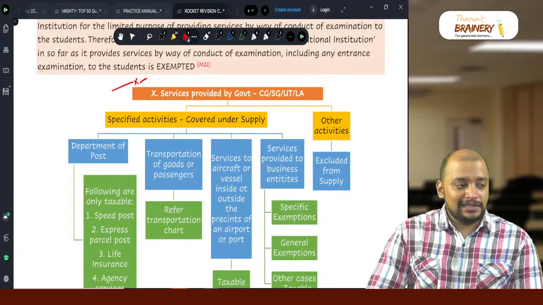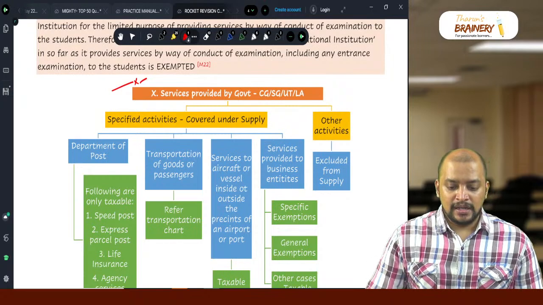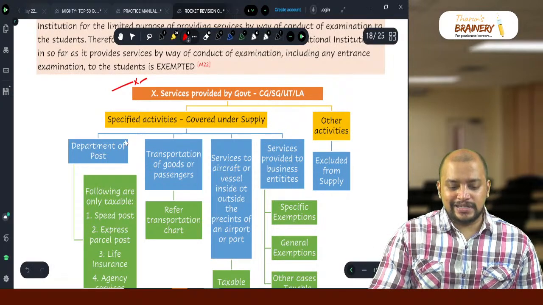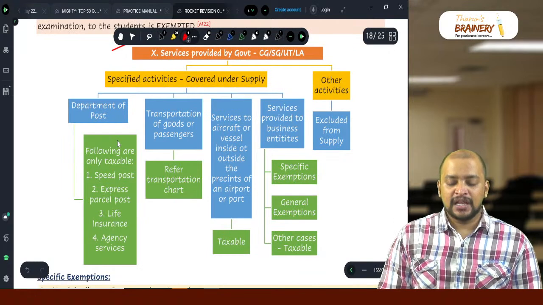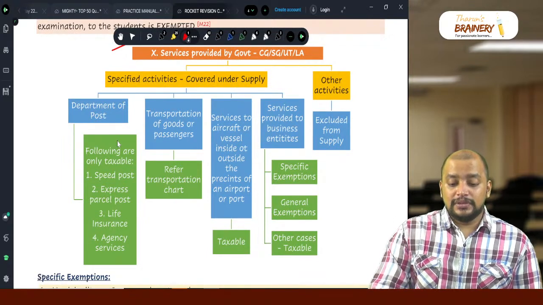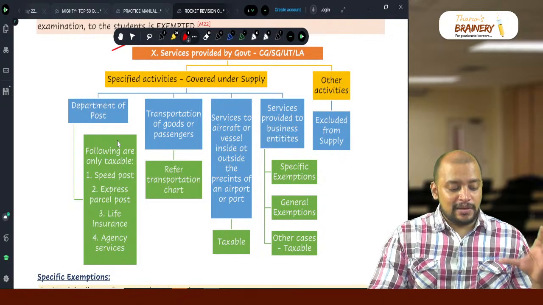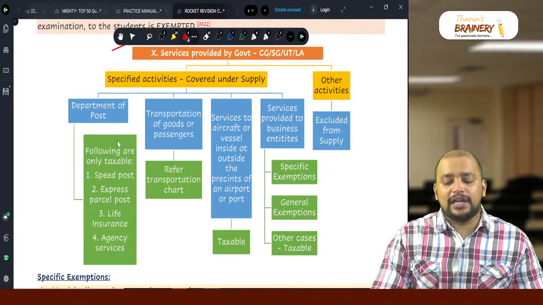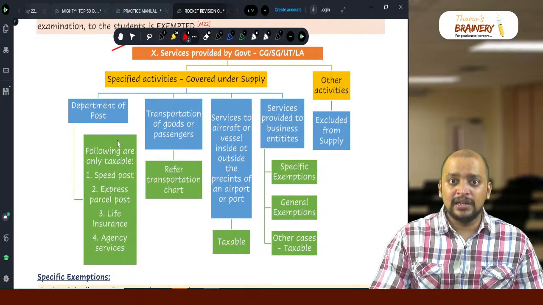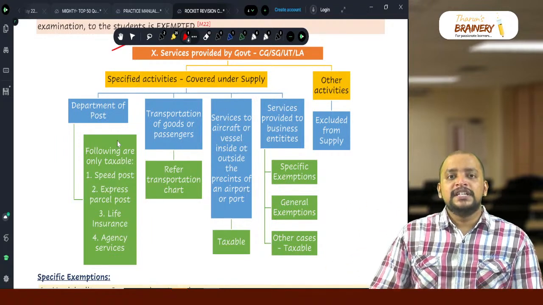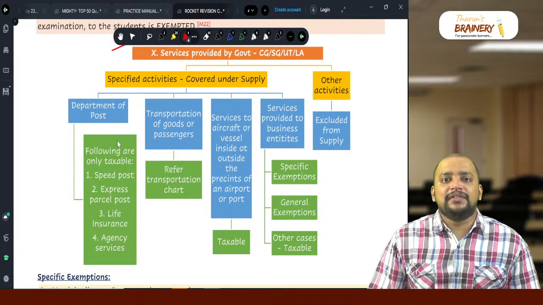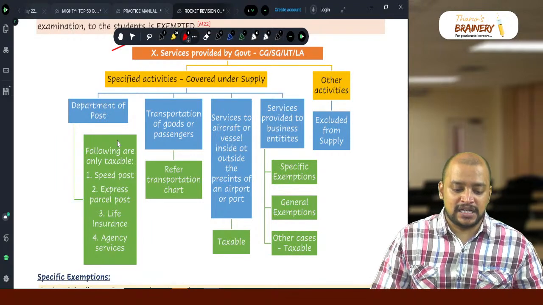Okay, welcome back. Now we are going to discuss the services provided by government. There is central government, state government, local authority, and union territory. Services provided by them are broadly divided into two: specified activities and other activities. What are those four specified activities?